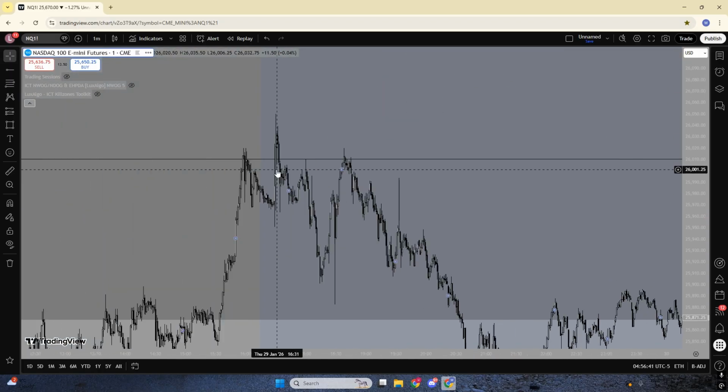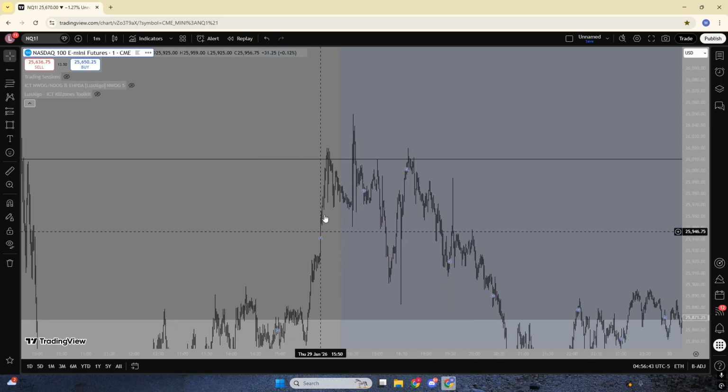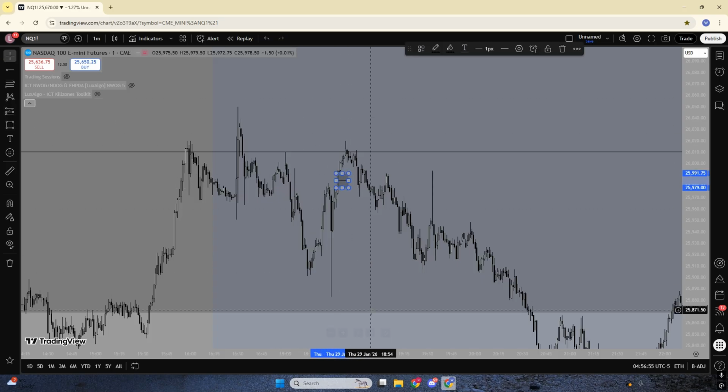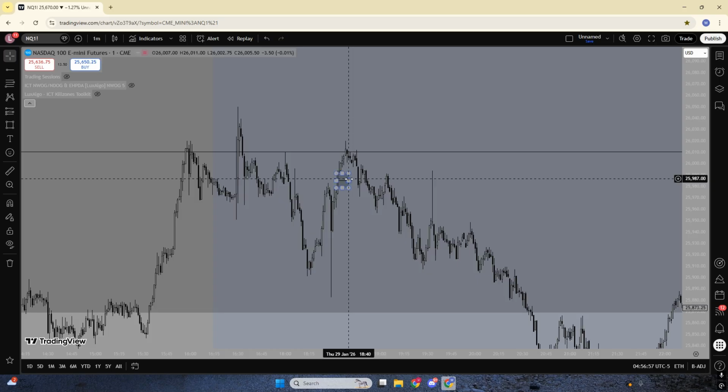Boom. All right. It taps into the gap, right? It creates a fair value gap, like right here. And then it inverses strongly with this fair value gap, and then it creates a retrace.